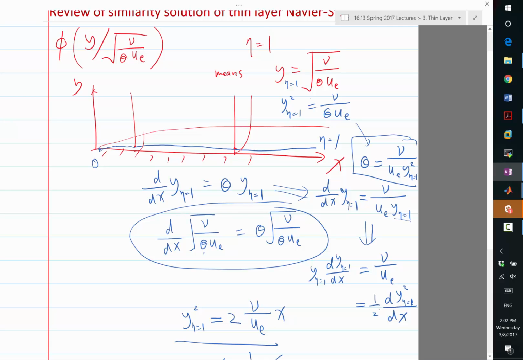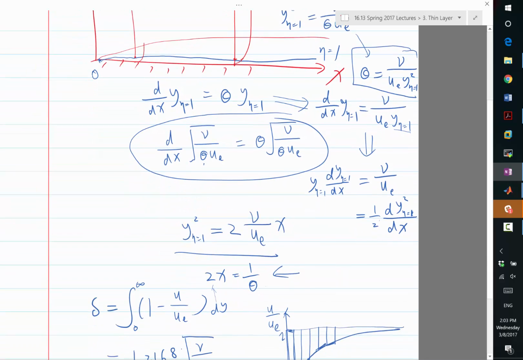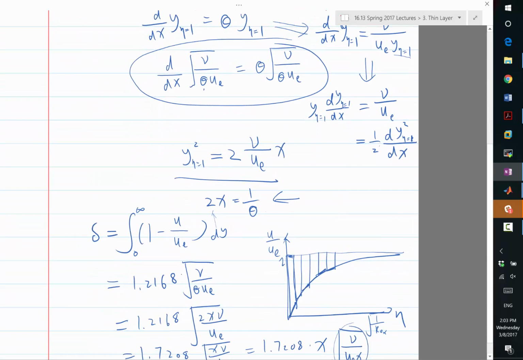The boundary layer tells the outside flow solution what its displacement thickness is, and the outside solution tells the boundary layer solution the pressure gradient, or the UE. If I'm solving this equation, it's the UE that matters. So the boundary layer solution tells the outside my delta, and the outside tells the boundary layer the UE.